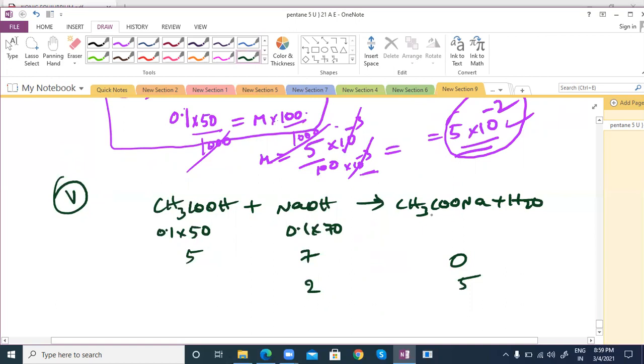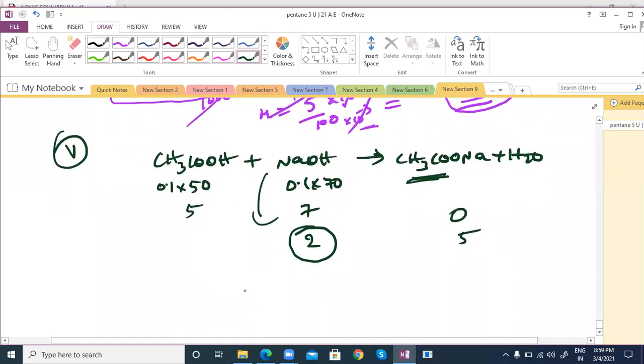Buffer is always weak. Students get confused here if you give paragraph questions for advanced. So you have to take only the base. The salt doesn't work for anything here.